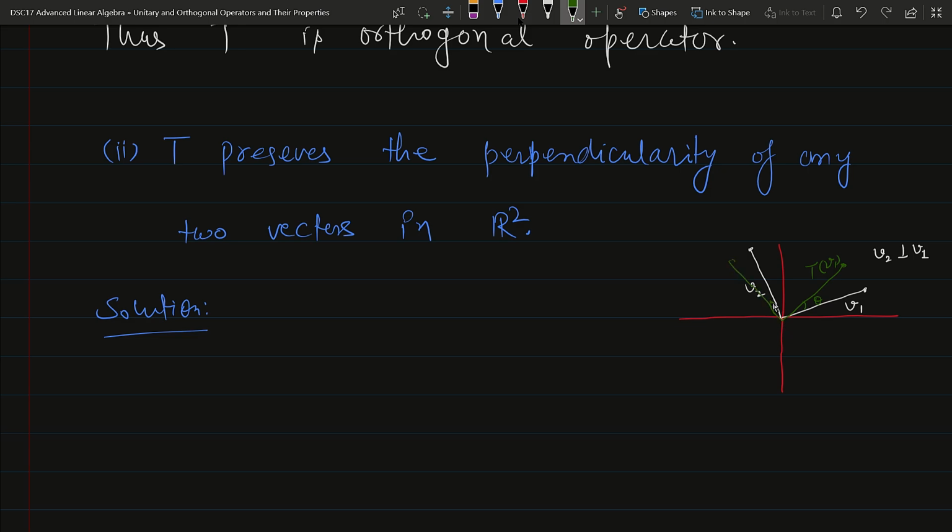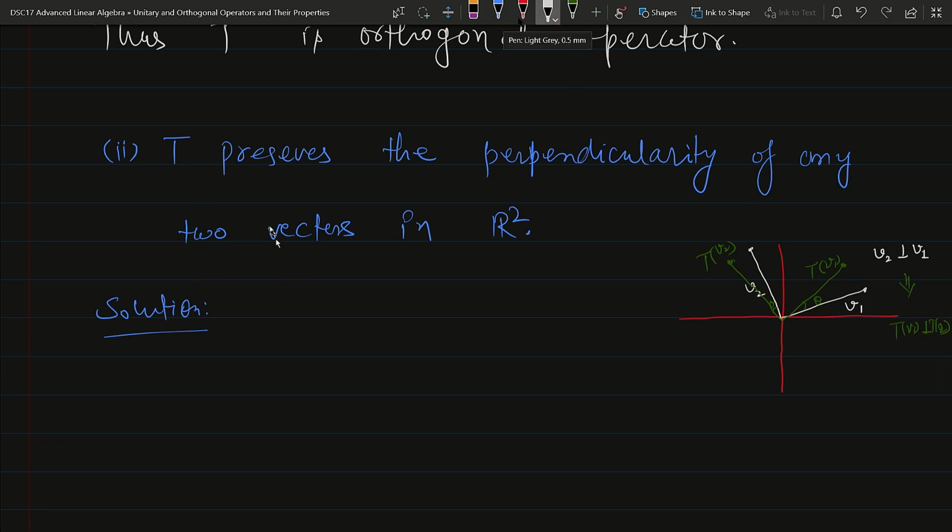So this is also theta and this represents the T of v2. Okay. So again you can see the angle between these green lines is same as the angle between v1 and v2, white lines. So अगर v1 और v2 perpendicular हैं तो इनकी T images भी आपस में perpendicular होंगी. So that implies that T of v1 is also perpendicular to T of v2, right?